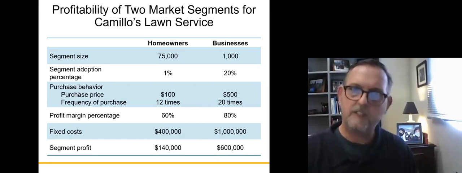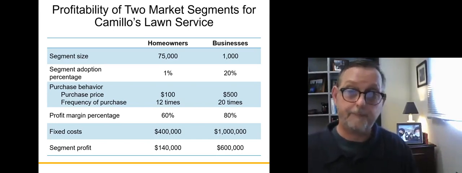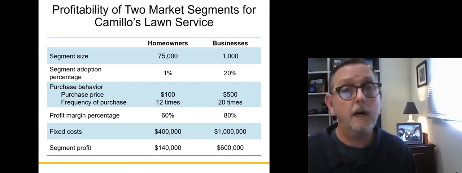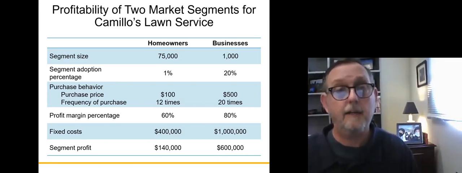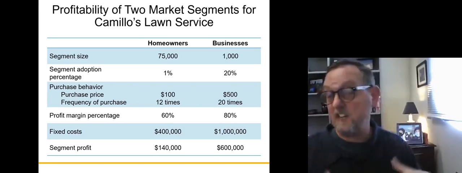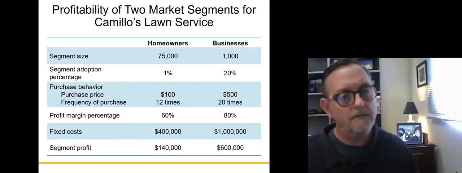This isn't once like the cell phone. This is several times over the course of a year. The homeowners once a month, businesses almost twice a month, right? 12 times, 20 times. Businesses are also spending a lot more each time they have the service performed. So just think about these two market segments and how they behave and what's going on.